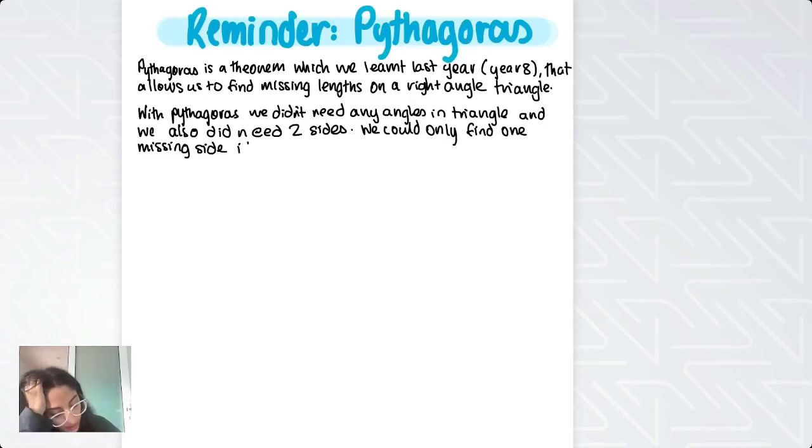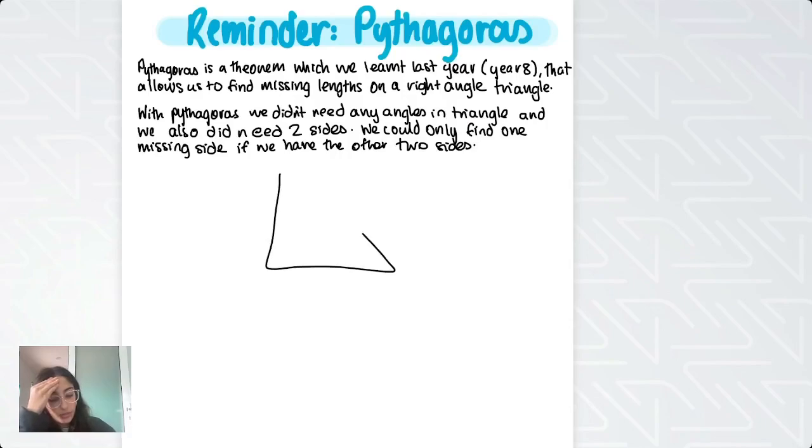So we could only find one missing side if we have the other two sides. Does that make sense, guys? A little bit. I'll draw a diagram so it does make sense.